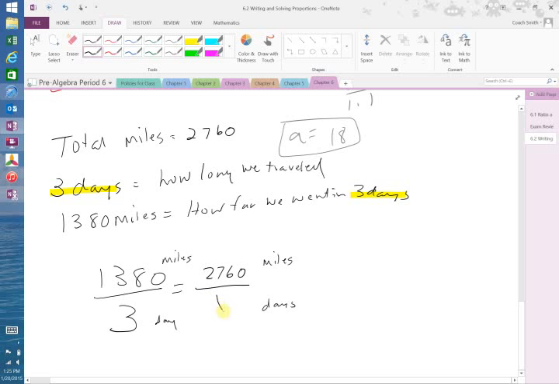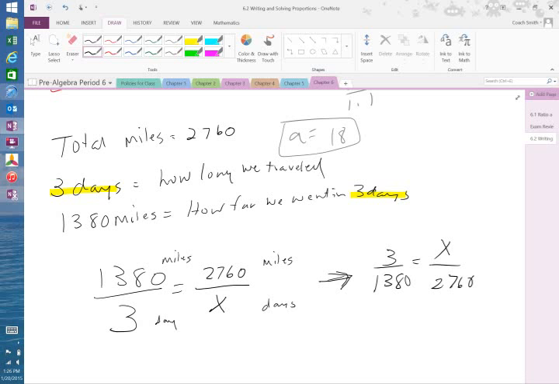We don't know the days. Now, you could reverse these two ratios. In other words, you could do this. This would be the same thing. You could do exactly the same thing. Either way is fine. The whole thing is this. We're looking for this. So this is on the large fraction.